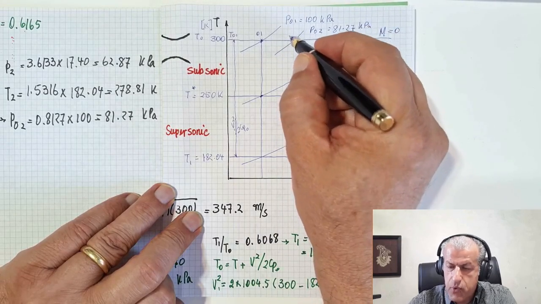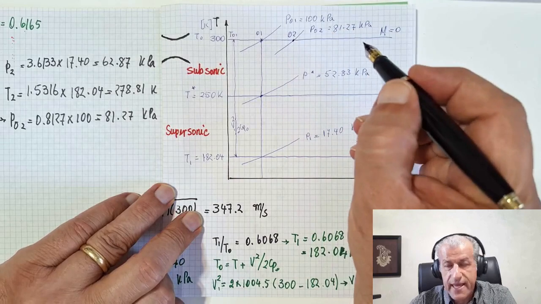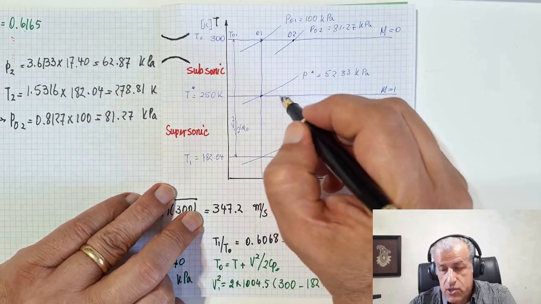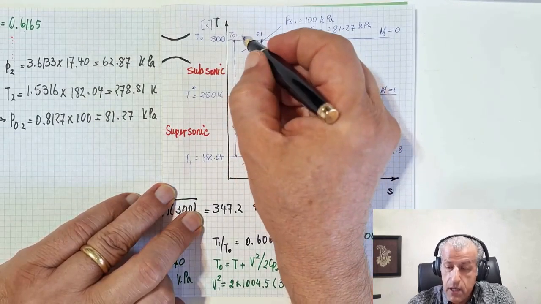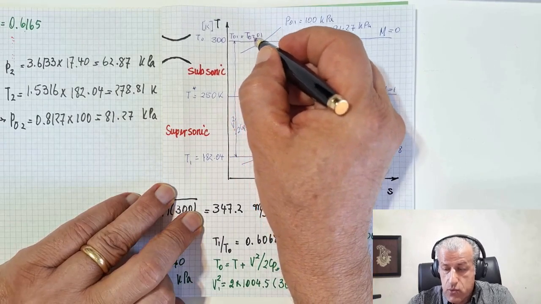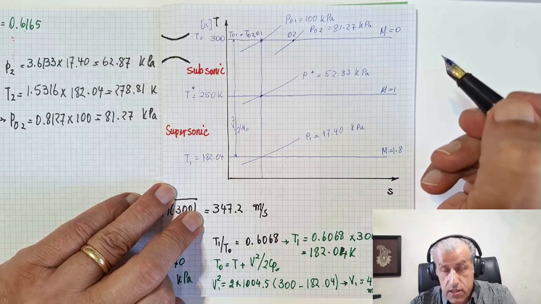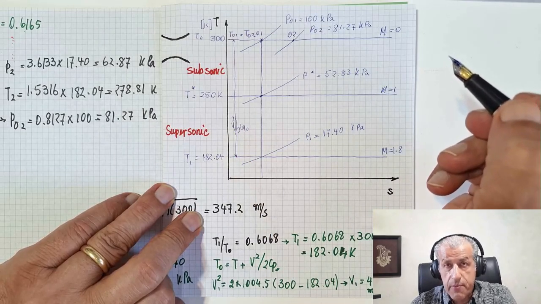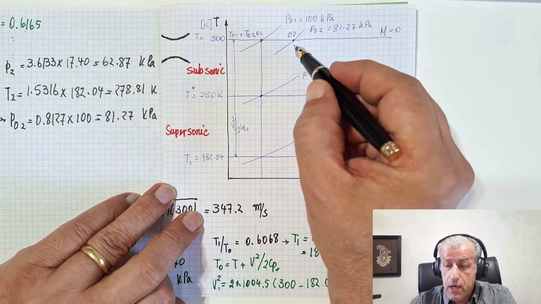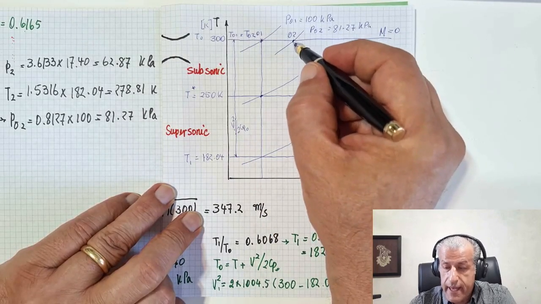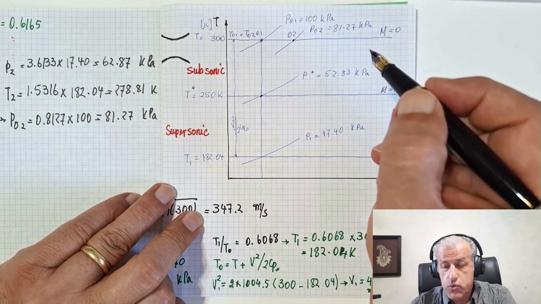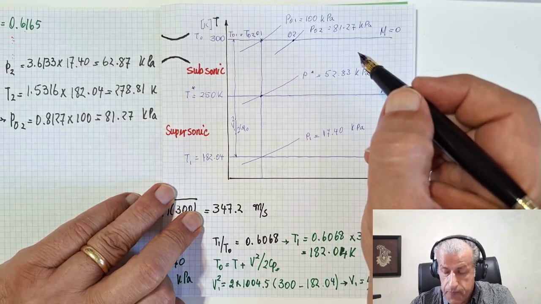This is the point O2, the stagnation point. After the shock, TO1 equals TO2, the total temperature doesn't change since the shock is adiabatic, but the shock is not reversible, and therefore the total pressure drops, and point O2 is here.